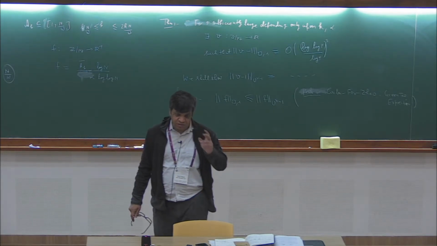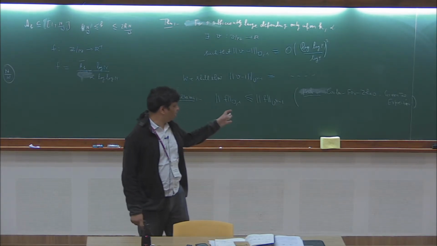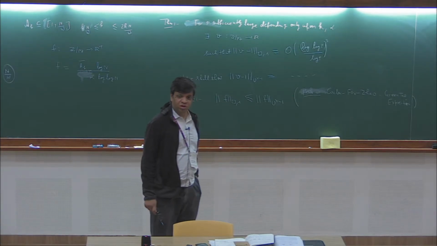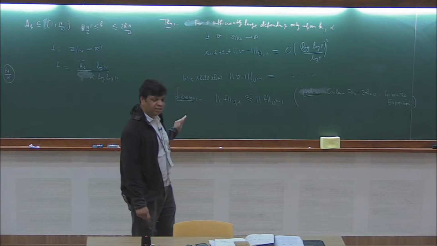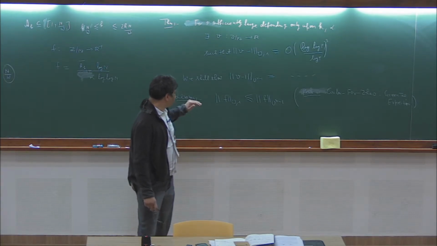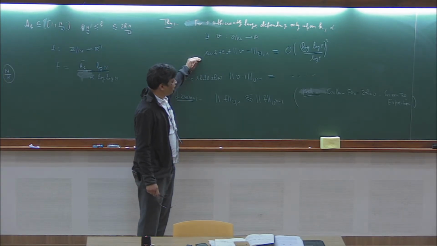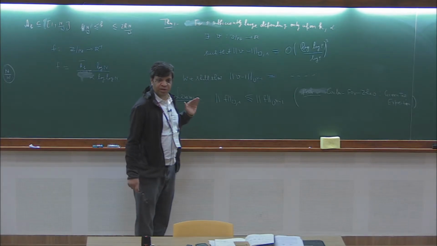But again, I will not prove it, and I will again refer you to the Conlon-Fox-Zhao paper. But of course, once we have this counting lemma and this particular result, then we have our theorem.